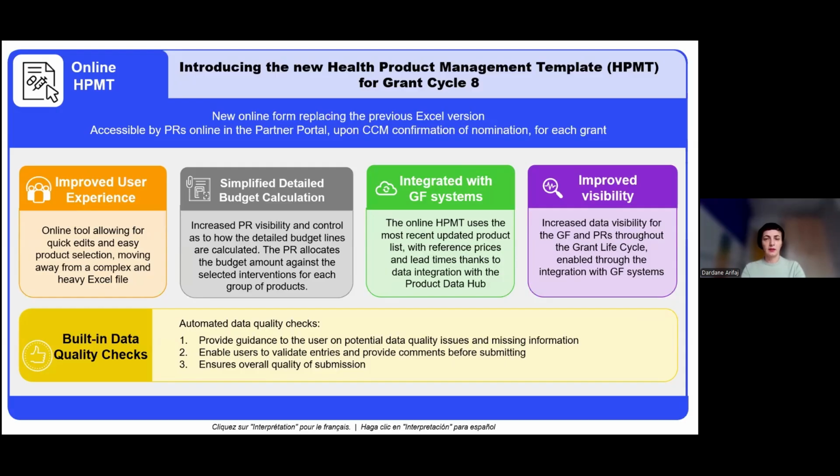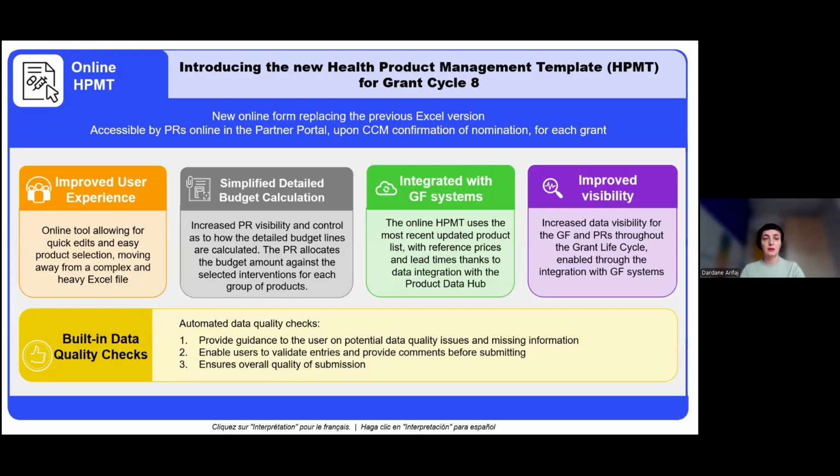As we have replaced the Excel version, the new HPMT is accessible by PRs online in the partner portal upon CCM confirmation of nomination of the PR for each grant. And what we will see is an improved user experience, because now the new online tool is allowing for quick edits and easy product selection, moving away from a complex and heavy Excel file.